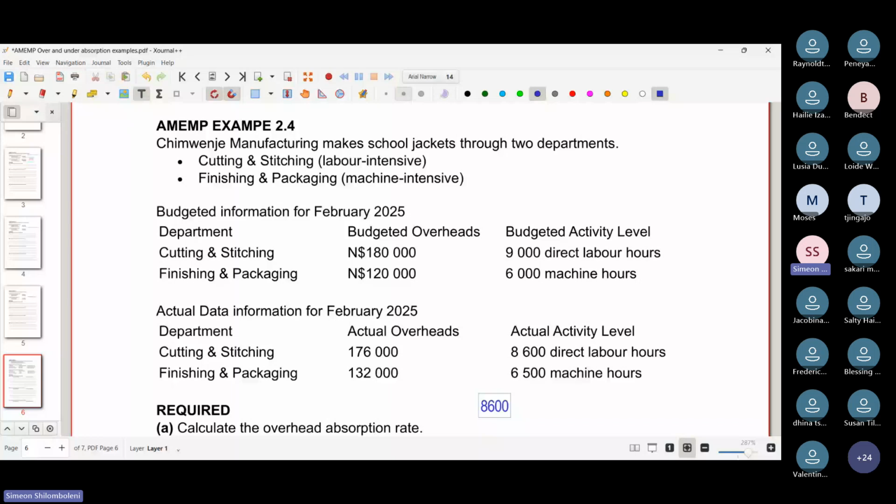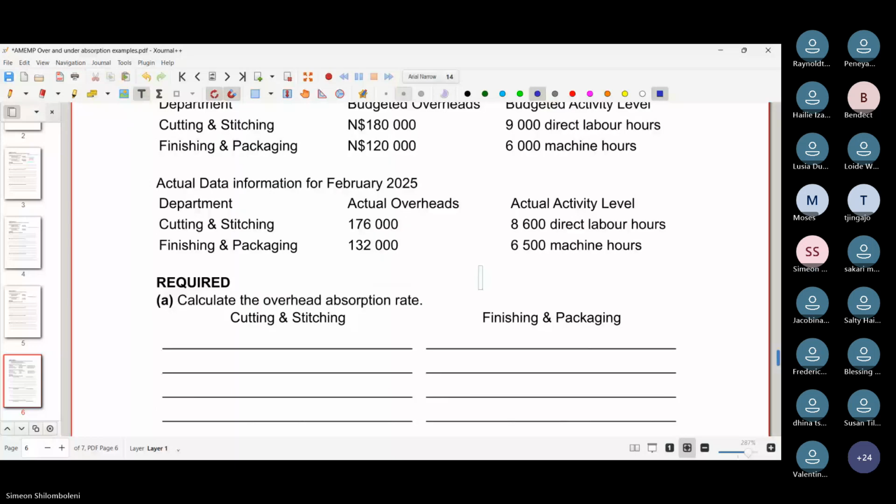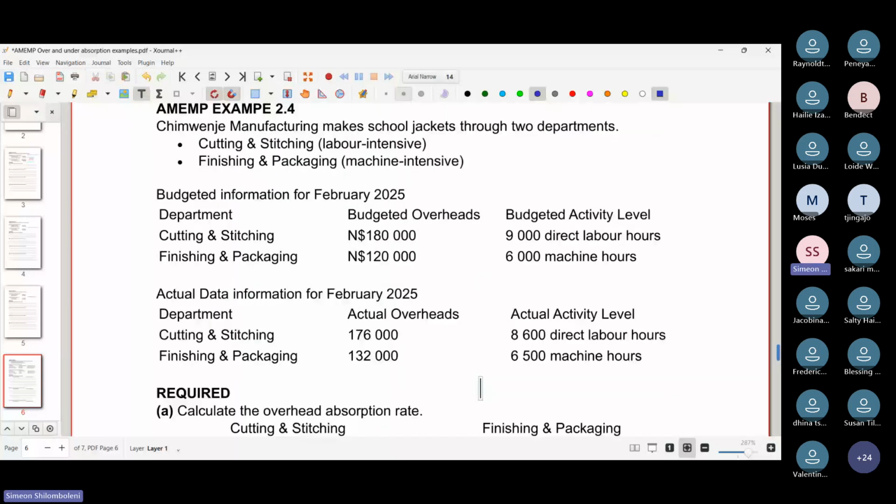Now here, maybe we can do it step by step. Is it step by step? No, just do it per department. You do the one for cutting and you do the one for finishing. I'll give you 5 minutes. Here the calculations are broken down step by step, but just give me the one for cutting, is it under or over?